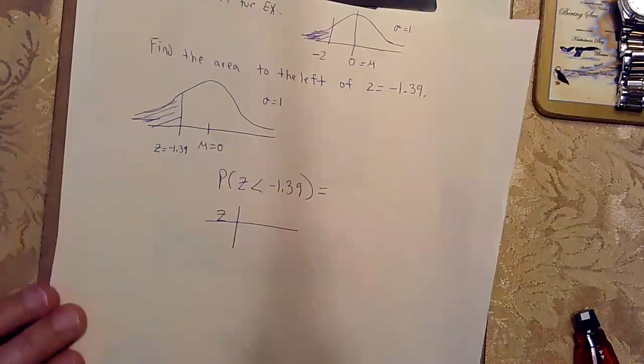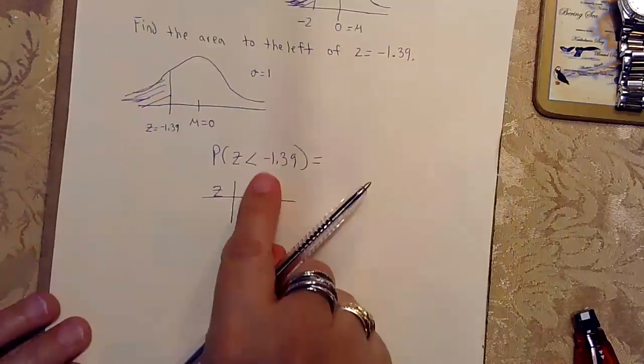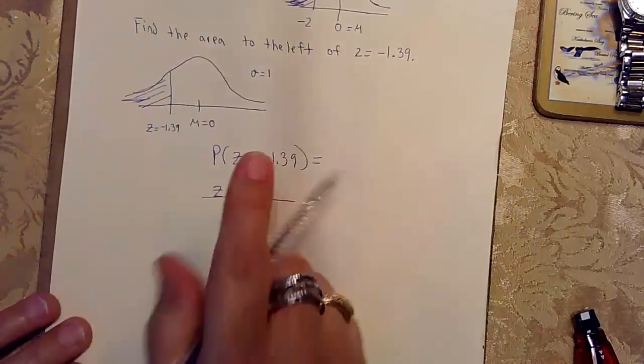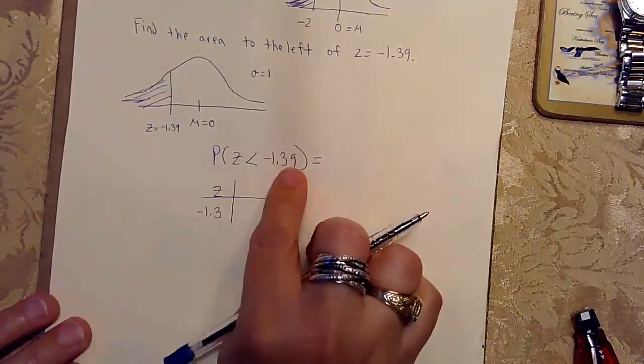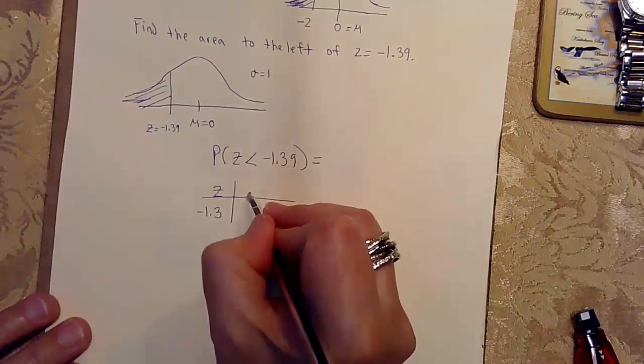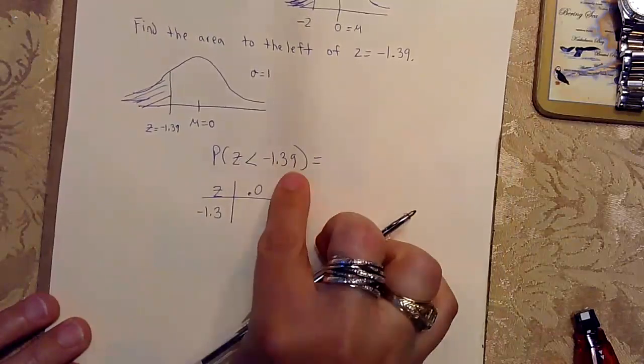Okay, so remember what happens. These first two numbers, negative 1.3, that's what goes here. And then see this last digit, but you have to follow it with 0.0, and then this last digit is 9.